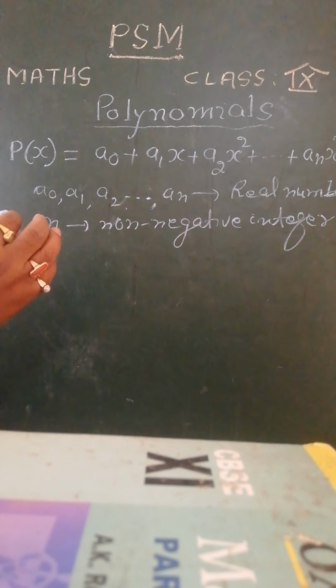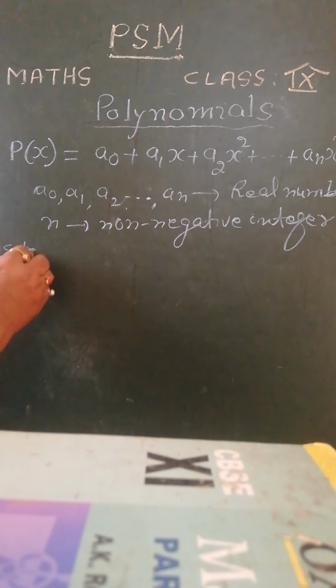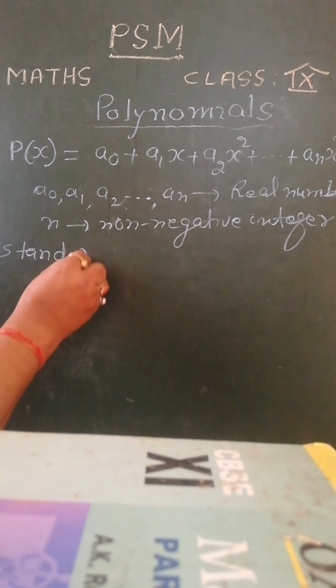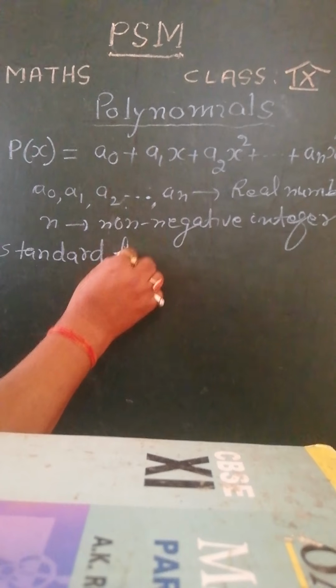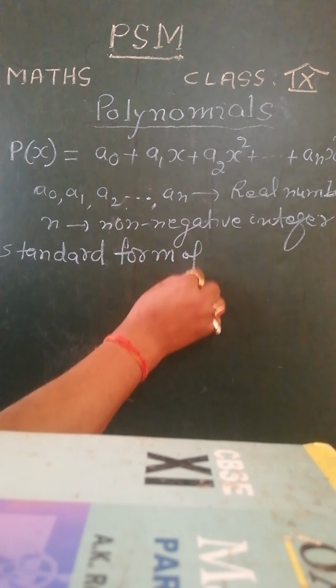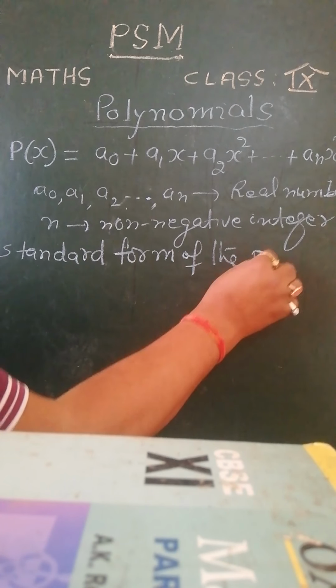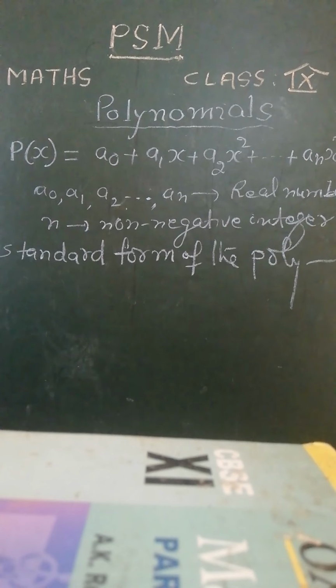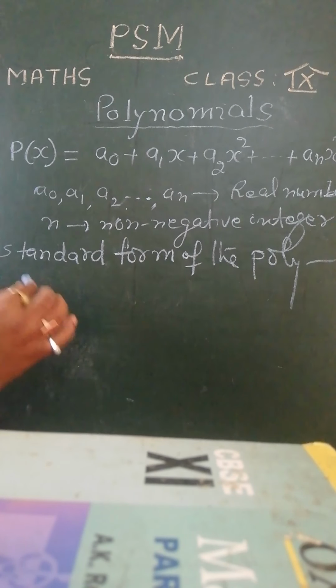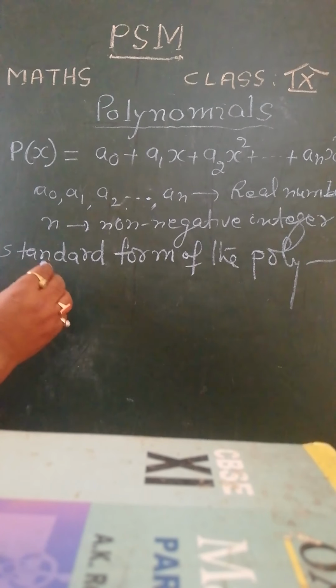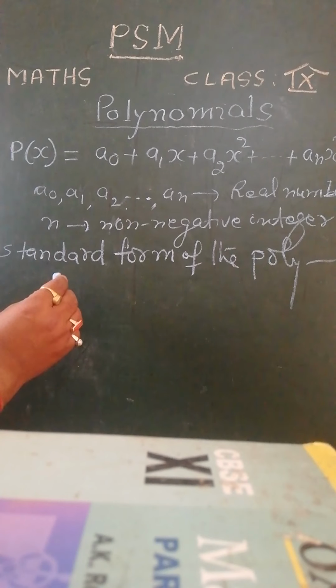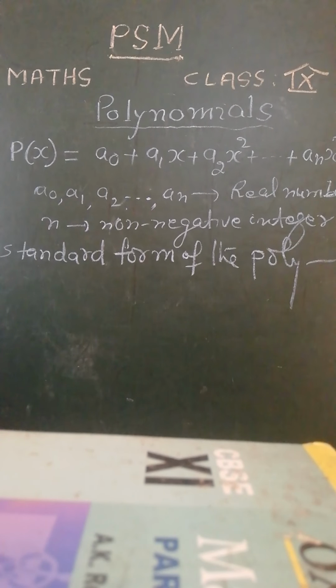So what is the standard form of the polynomial? A polynomial in x is said to be in standard form if the powers of x are either in increasing order or in decreasing order.